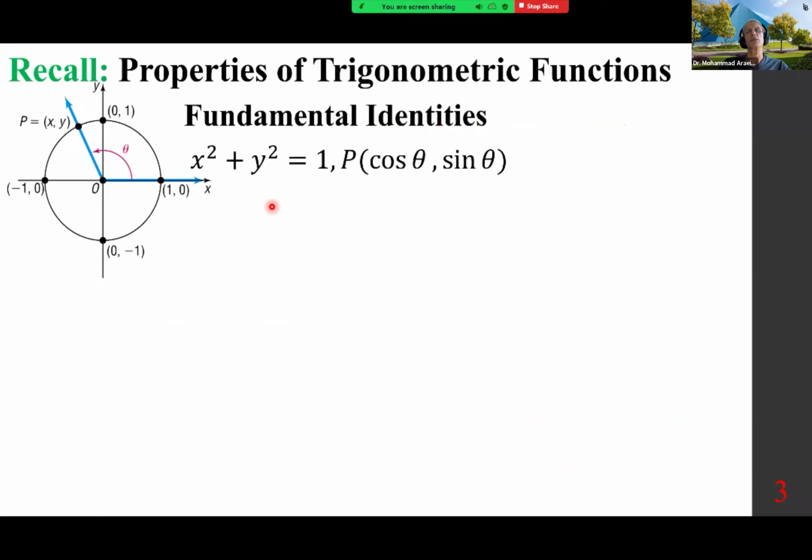Recall properties of trig functions, fundamental identities. We remember a unit circle having equation x squared plus y squared equals 1, and a point P having coordinates x comma y. X is cosine and y is sine.